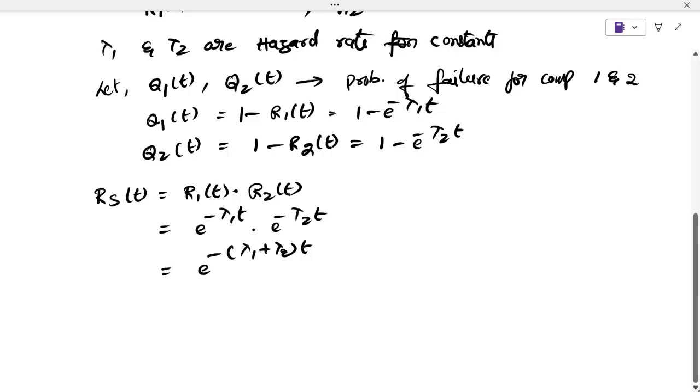Now this is the Rs of t. Here I am considering lambda 1 plus lambda 2 as lambda e, that is the equivalent failure rate.